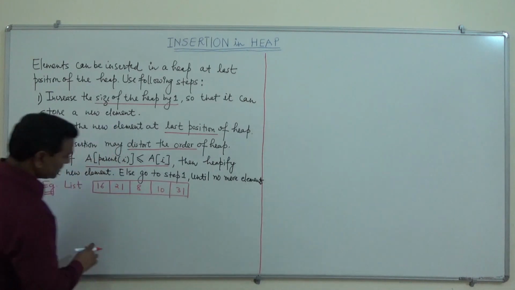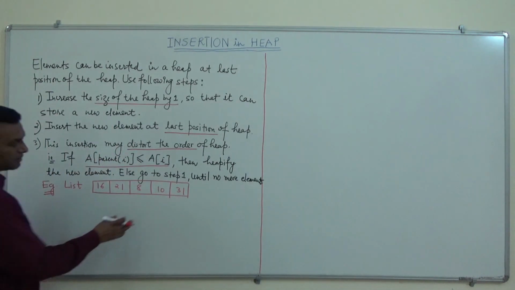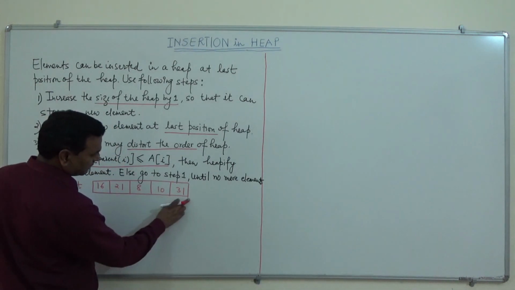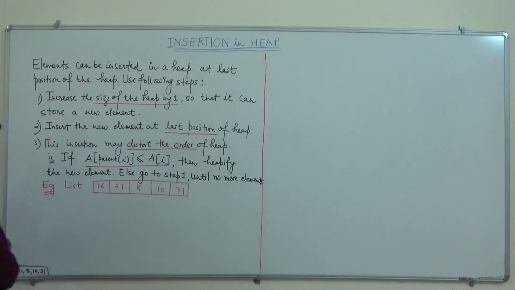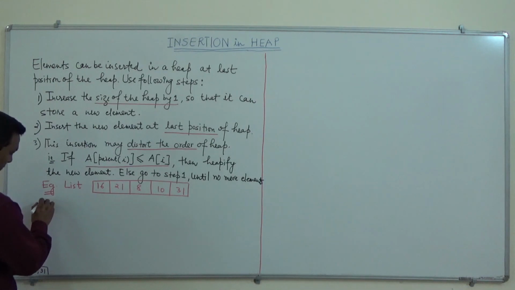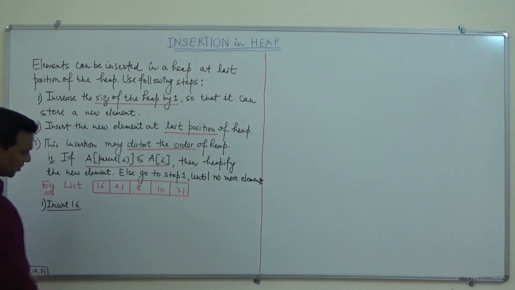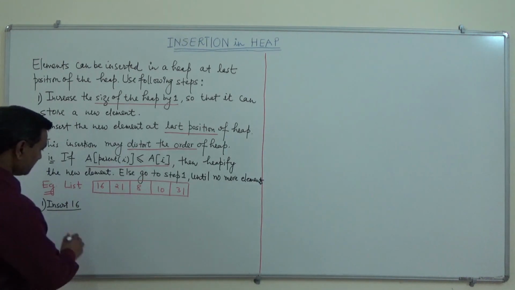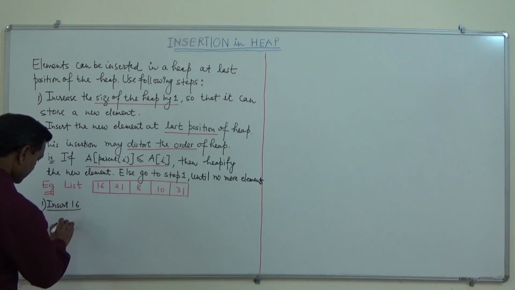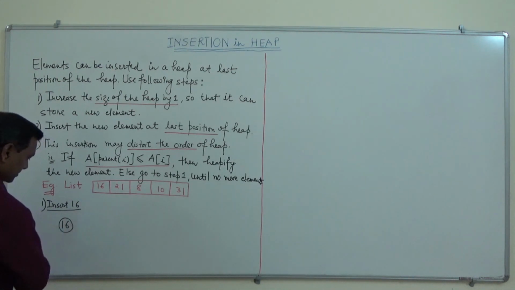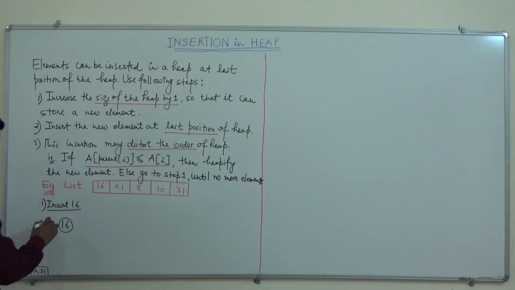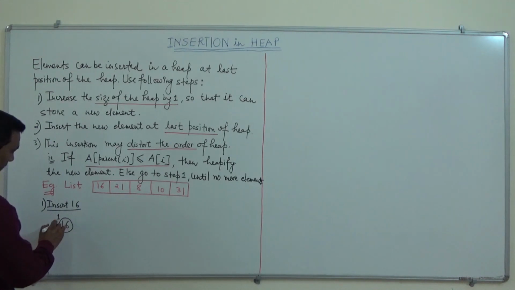So this list is containing 5 elements. We will insert them in the heap one by one. First we will insert 16. Because this is the only element, it will be inserted, and the index of this will be 1.